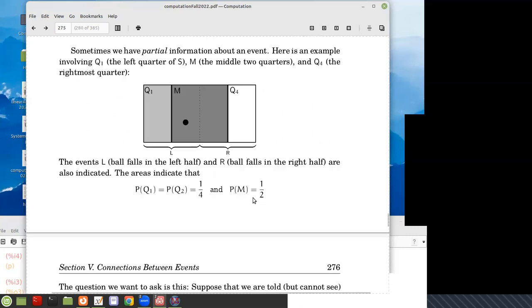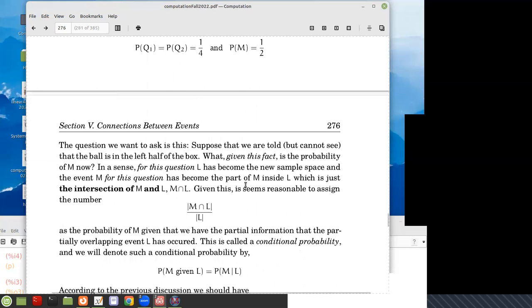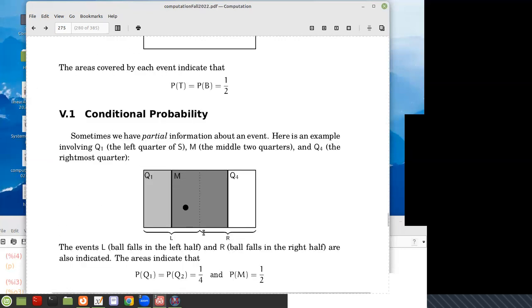Now, let's say we knew it was in the middle. Say the marble was thrown into the box and it was covered up. We didn't know where it was in the middle, but we could see that it wasn't in Q1 and it wasn't in Q4. But the question is, what's the probability it's in the left?